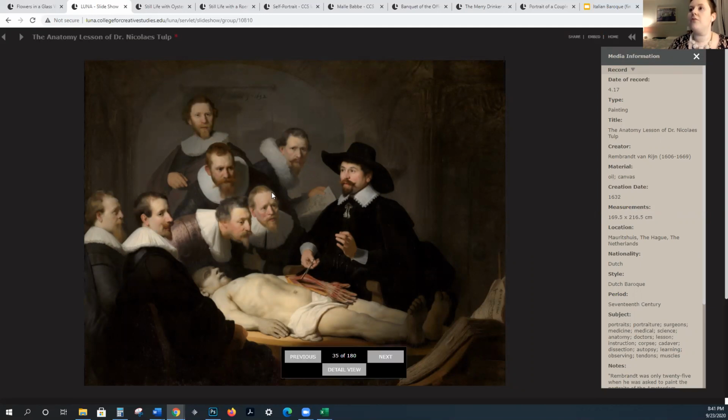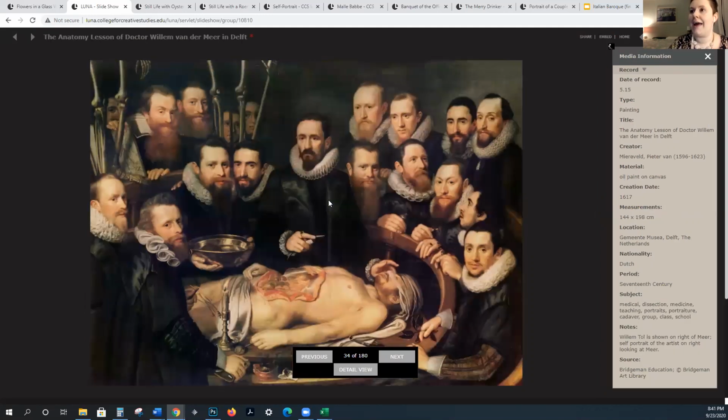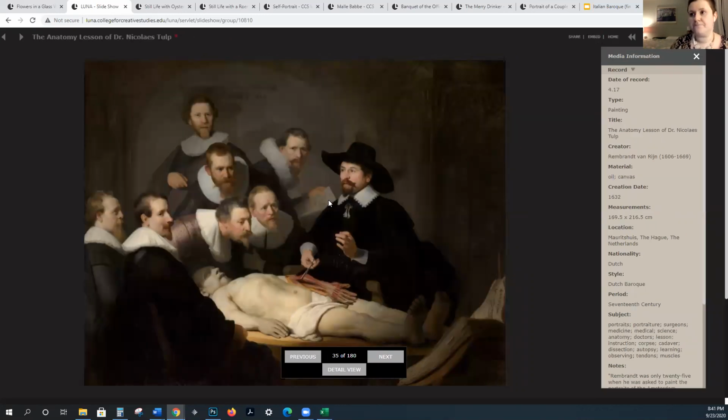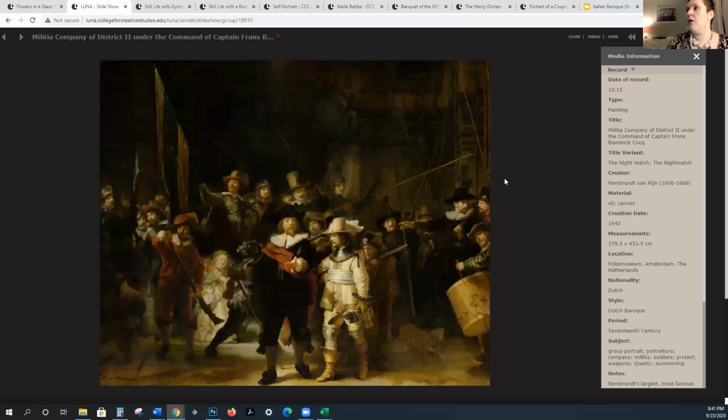They're looking all around, so there's a lot more movement and action than is visible in this older dissection. And Rembrandt is known for his use of tenebrism, the really dark chiaroscuro. And again, we can see the status of these individuals based on their collars, their ruffs, etc.